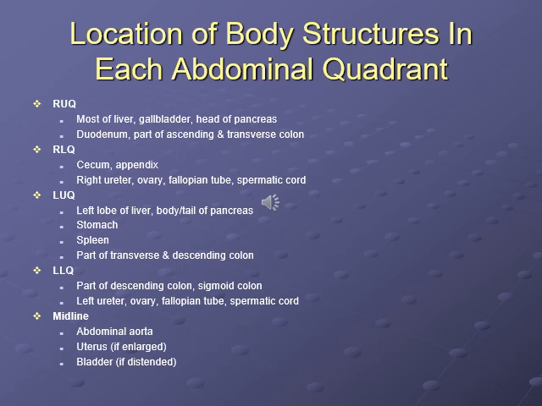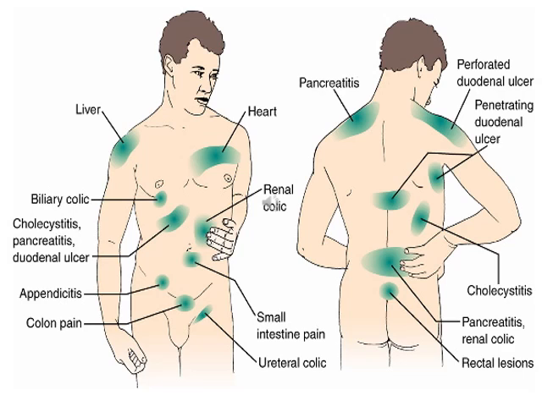So as I mentioned, this is just a review of the anatomy, of where the structures are contained within the abdominal area, that you can help with your pain assessment. It is also important to note there is a fair amount of referred abdominal pain, so referred pain to other locations besides the abdomen.